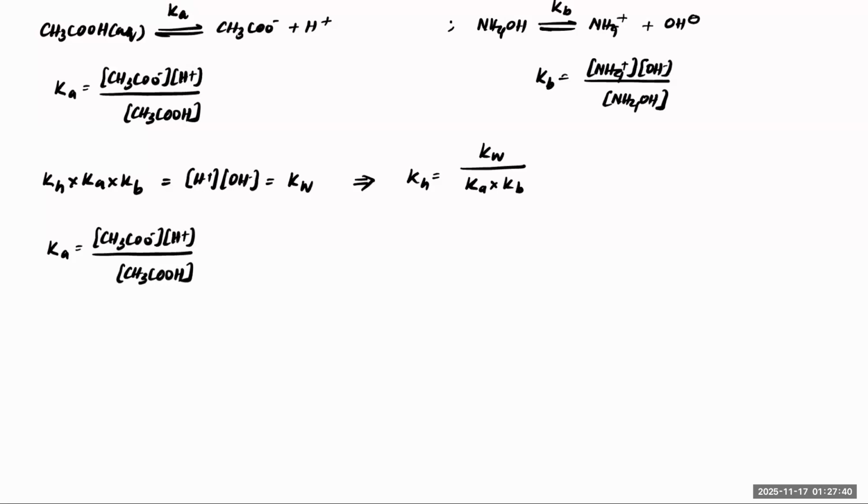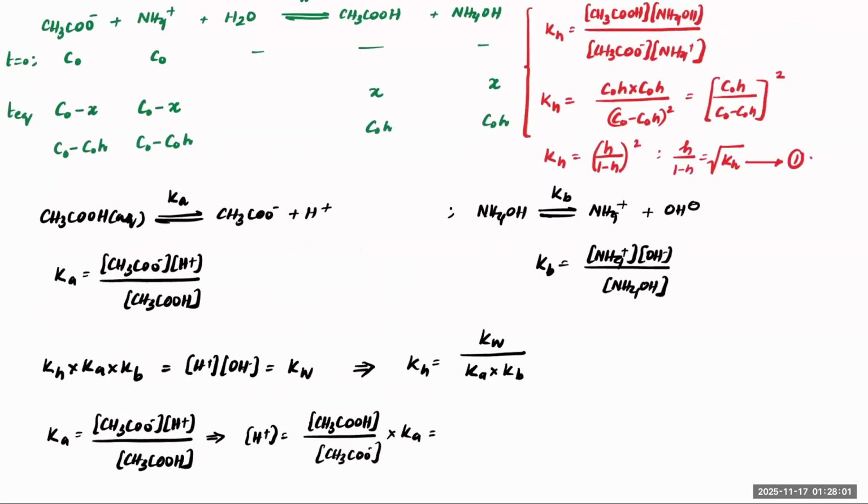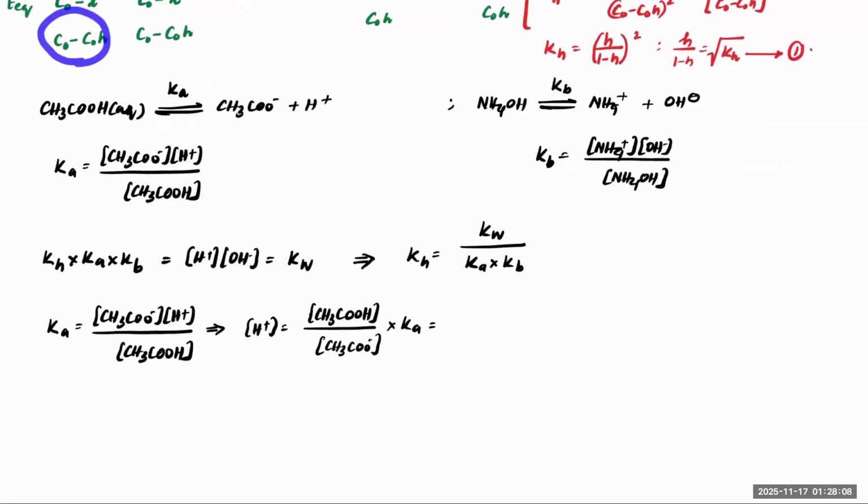Since Ka value is this much, I can write H plus concentration as CH3COOH concentration divided by CH3COO minus concentration into Ka. And CH3COOH concentration is approximately C naught h, and CH3COO minus is equal to C naught minus C naught h.